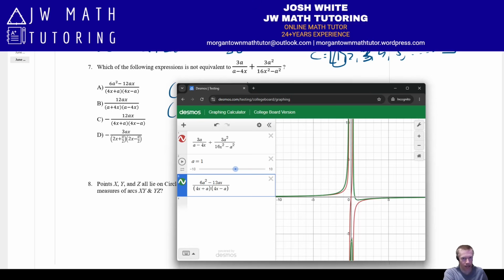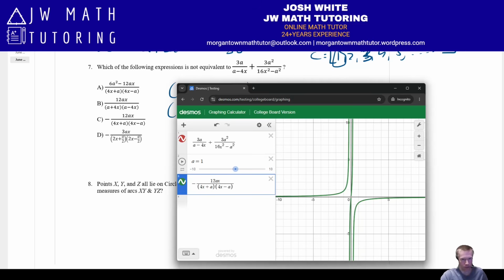Now, let's look at B. Okay, this one, that part's fine. I need to technically make this a minus and put this in front and get rid of this. Notice these are overlapping completely. I turn this off, I see the red underneath it, okay? So B is equivalent. Now, let's go to C, make that a minus, get rid of this.